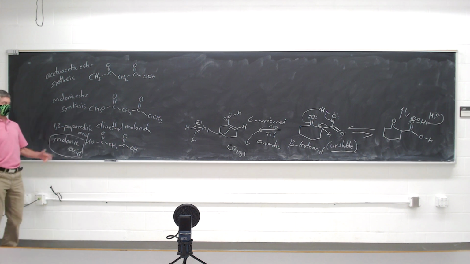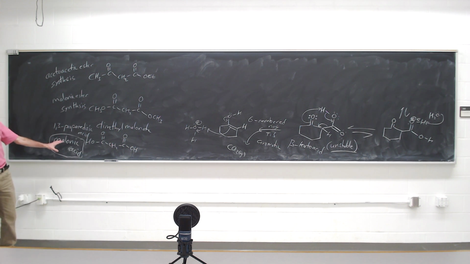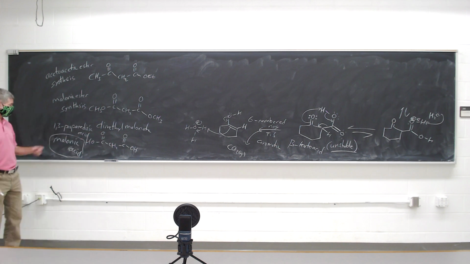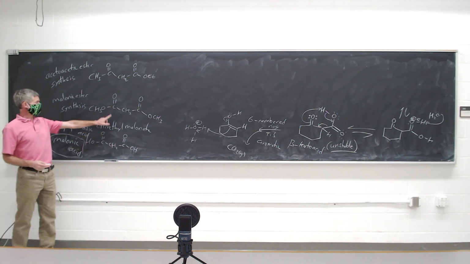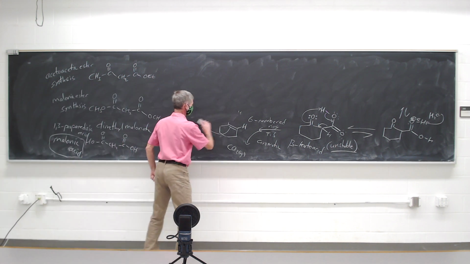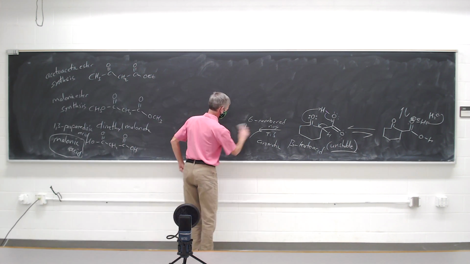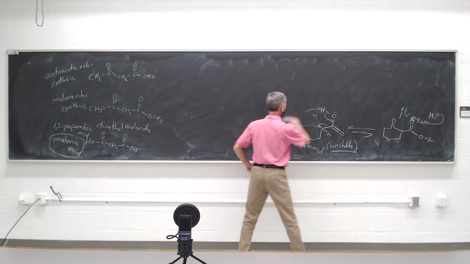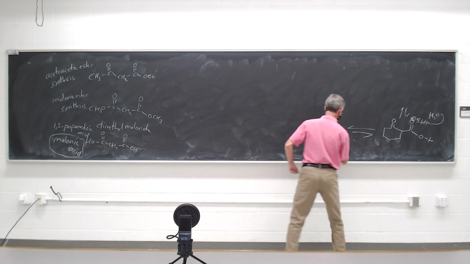They will always refer to it by its common name of malonic acid. So 1,3-propane-dioic acid is malonic acid. The dimethyl or diethyl ester of malonic acid can be used as the starting material, and it's cheap and you can buy it.